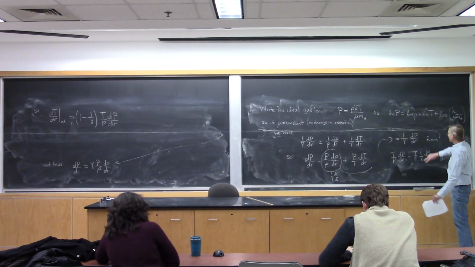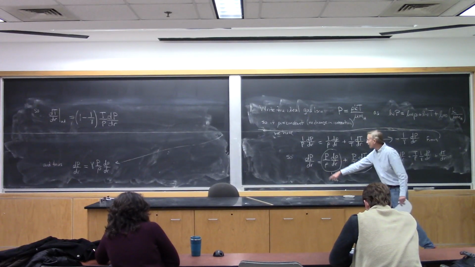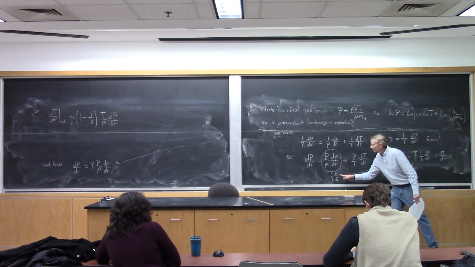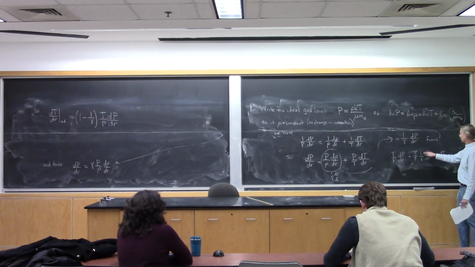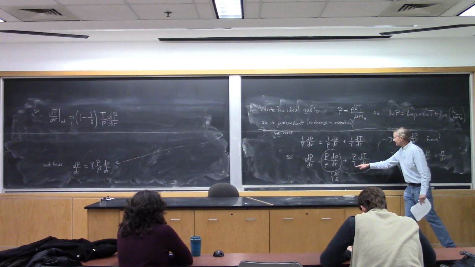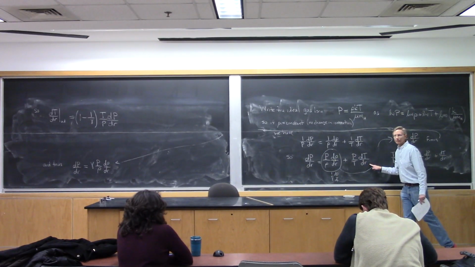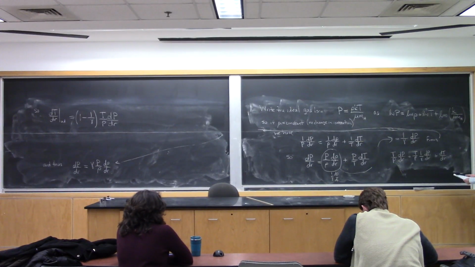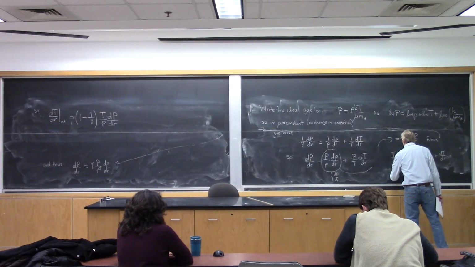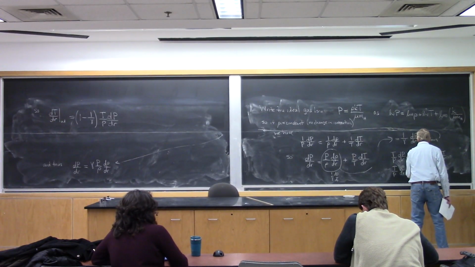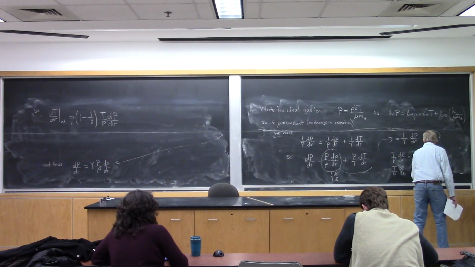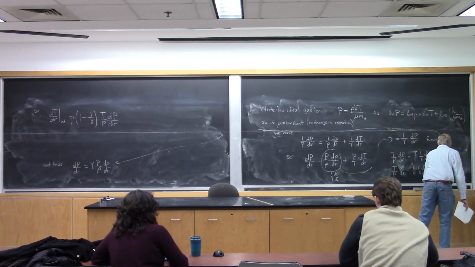Then I multiplied through by T over P, so I get T over P dP/dr plus T over P times 1 over gamma dP/dr, and when I multiply by T over P, this just becomes dT/dr. To be really explicit: T over P times dP/dr, minus T over P times 1 over gamma dP/dr, equals dT/dr.